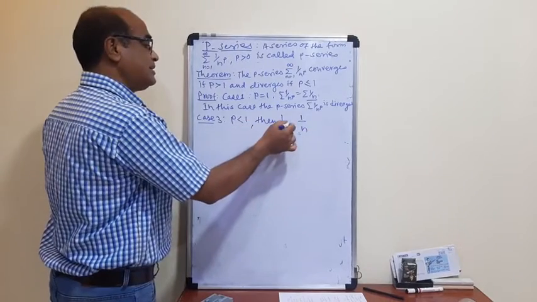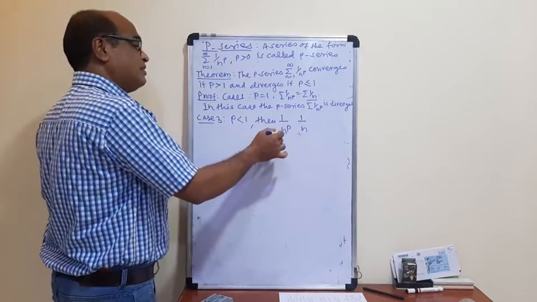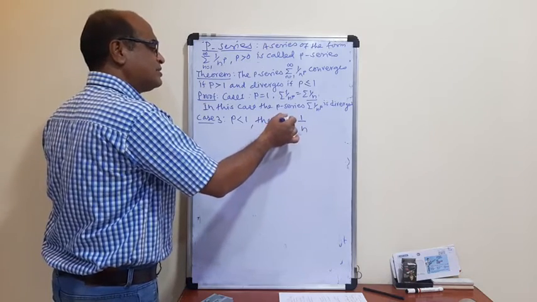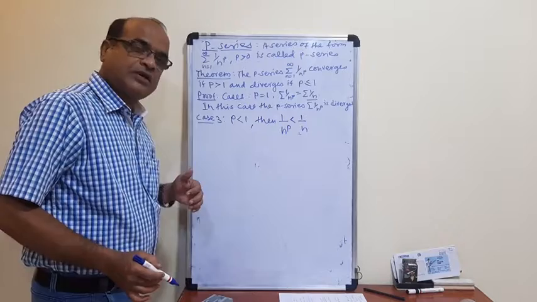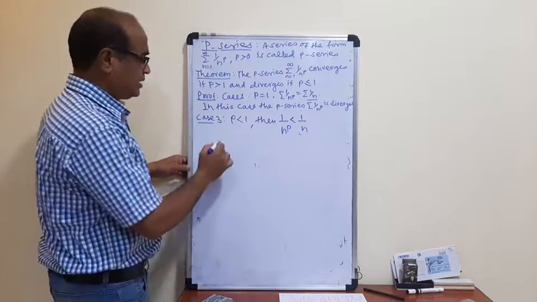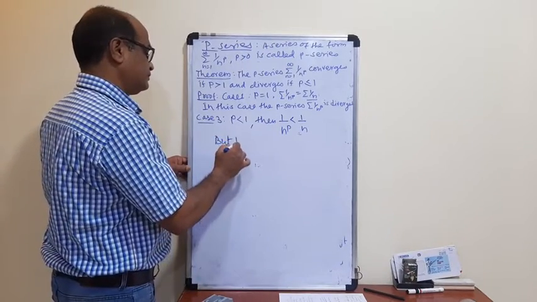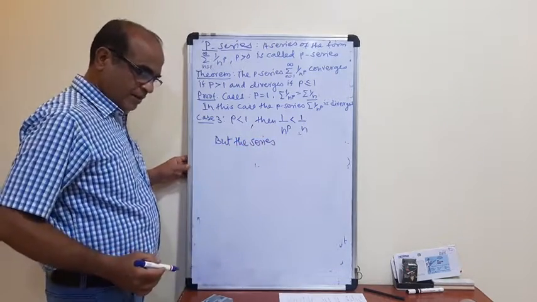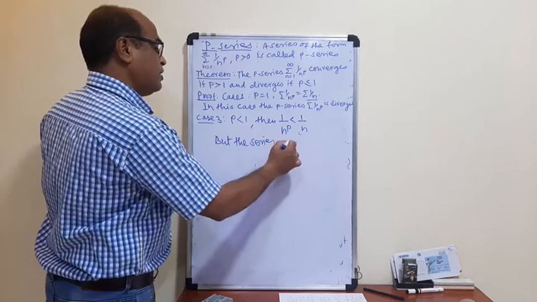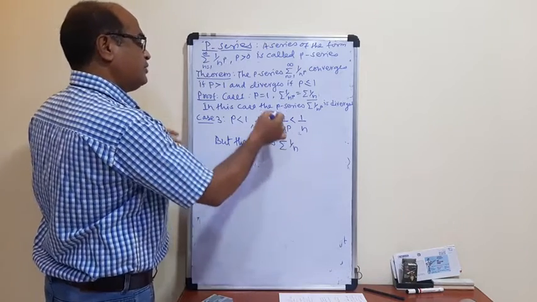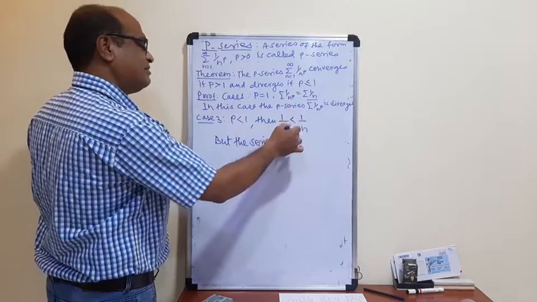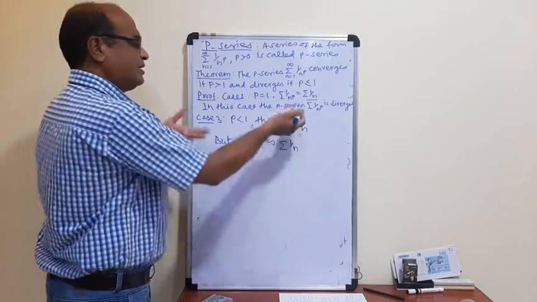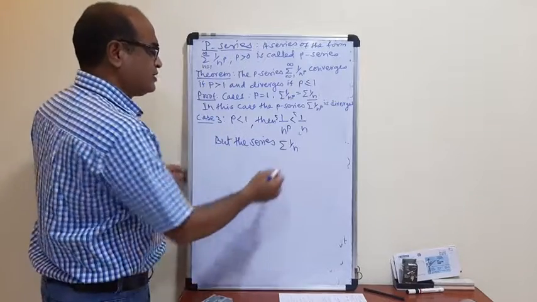If P is less than 1, the denominator becomes less, so this is greater than 1 upon n. Okay, but the series summation 1 upon n, so we take summation here. So this is un, vn. Okay, so this is divergent.